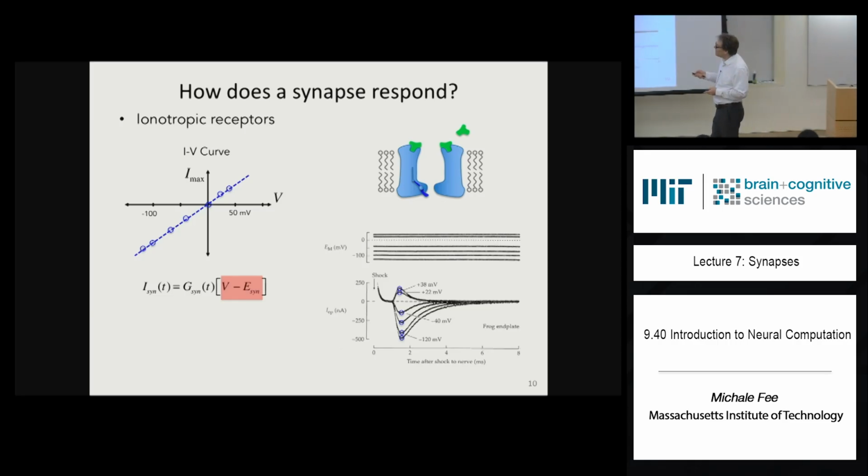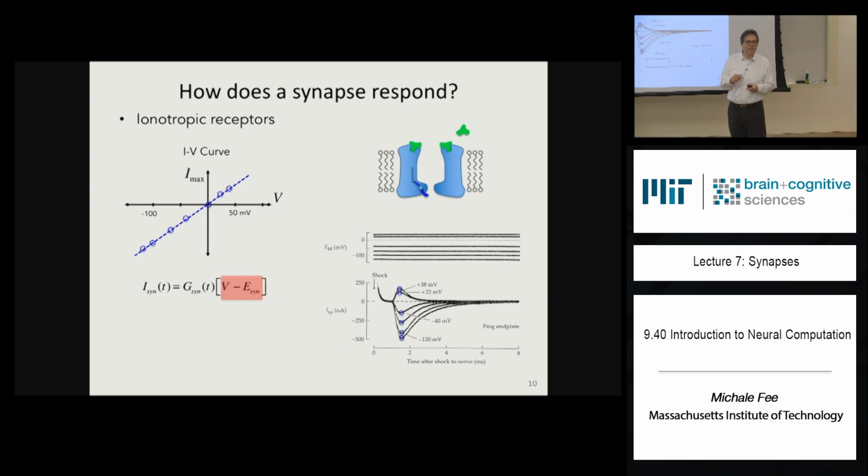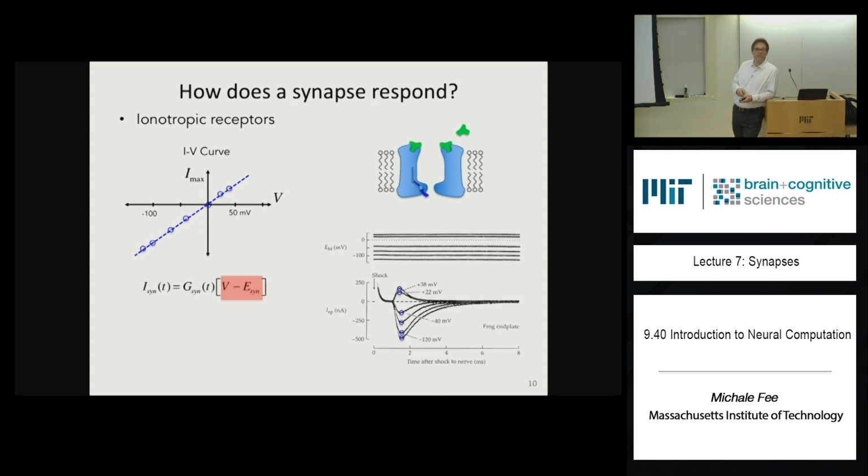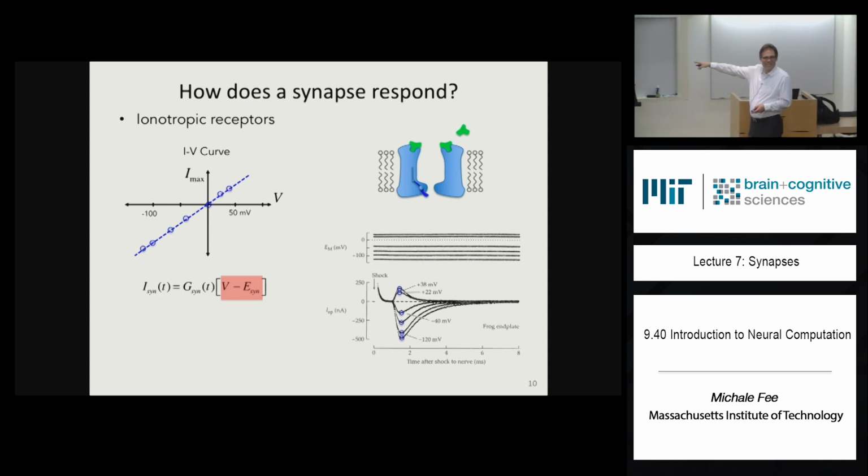That's the conductance. Can anyone take a guess at what the conductance looks like as a function of time? Somebody just hold your hand up. Yeah, I see 2 answers that are very close. Lena. What would the conductance do as a function of time to make the current look like this?